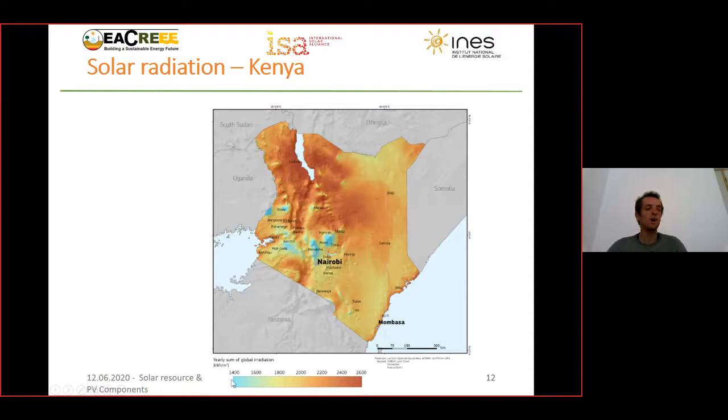But you can also go up to twice this energy, that is to say more than 2,600 kilowatt hour per square meters. For instance, near the border of South Sudan or near the border of Ethiopia. So you see that in one country, you can have a region with twice the potential of energy compared to other regions. So it's very important to choose well your site for your solar projects.